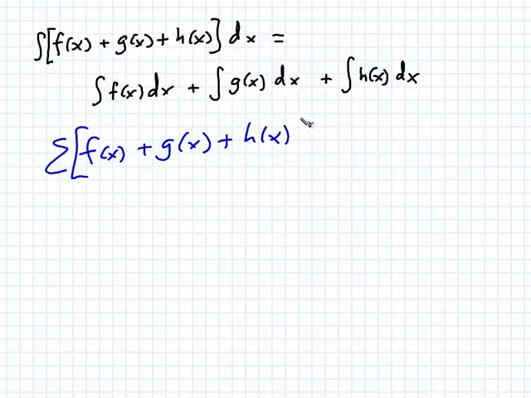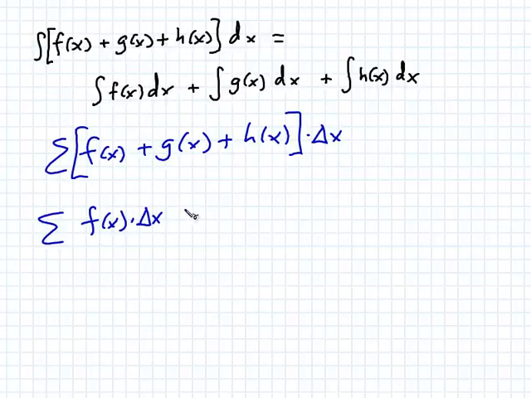In other words, it's not intending to just be three terms, but however many terms we have to add, times delta x. I could use the distributive law, and so this would be the sum of f of x times delta x plus g of x times delta x plus h of x times delta x.